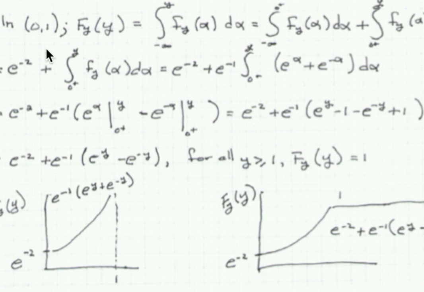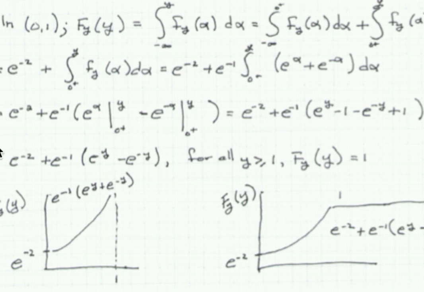Over the interval from 0 to 1, the distribution function for the y random variable is equal to the integral from minus infinity to y of the density function alpha d alpha, which breaks down into the distribution function plus alpha, equaling e to the minus 2 plus the integral from 0 to y of f of y alpha d alpha, which is equal to e to the minus 2 plus e to the minus 1 from 0 to y of e to the alpha plus e to the minus alpha d alpha.